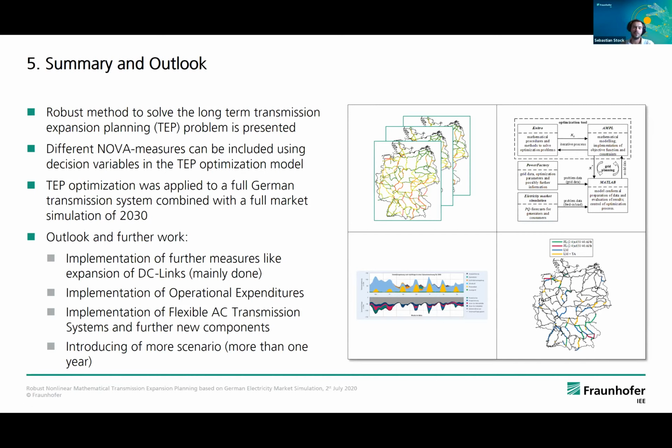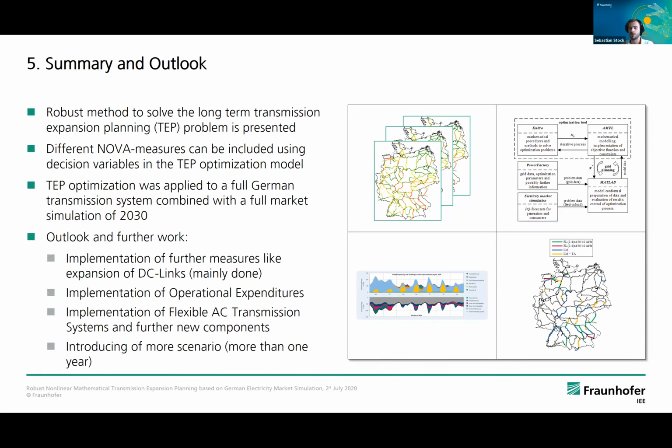And what is the outlook and further work? Of course, the implementation of further measures like expansion of DC links is necessary. This is mainly done by now. We also want to introduce operational expenditures. To have this, we need to introduce more scenarios, so more years.